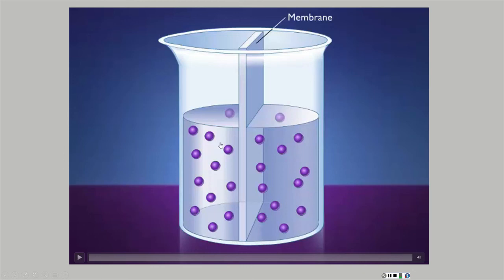But things like these big purple solutes are too big to pass. Right now we can see that the concentration of particles in the water is the same on each side of that membrane. Hopefully this is sounding familiar because we did a lab about it in Bio 137. You saw an example of it in lab, you read a lot about it, but let's see what happens here.